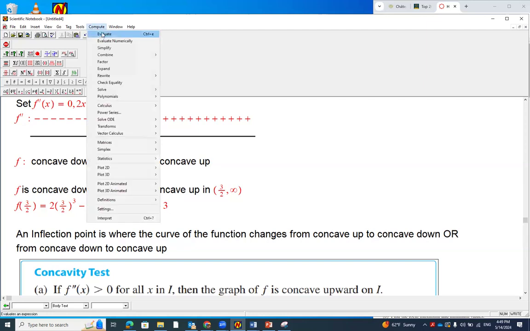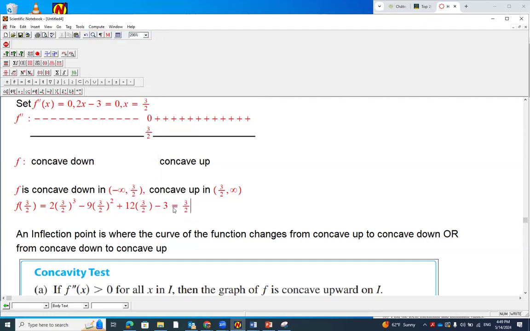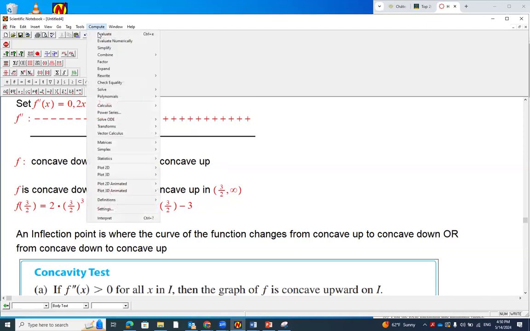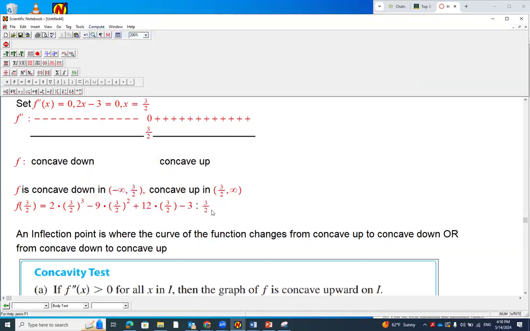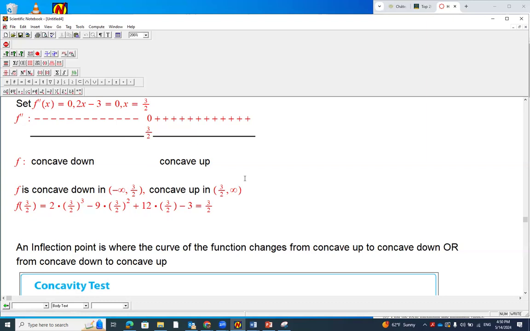Compute. So we get 3/2. Wait, actually it doesn't seem to be true. Let's make sure we get the calculation right. Okay, it's 3/2, I guess it is. Anyway, if you find any mistake, let me know. So now what is the inflection point?